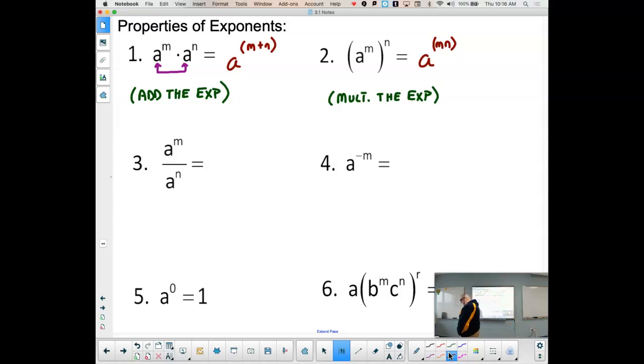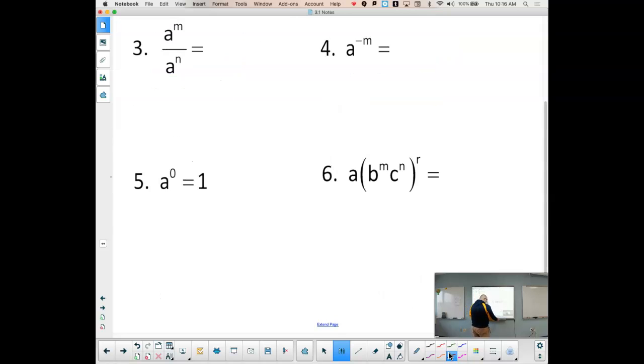Property number 3 is the quotient property. We utilize that one when we are dividing the same base again. That's the kicker. We need to have the same base in order to utilize this.